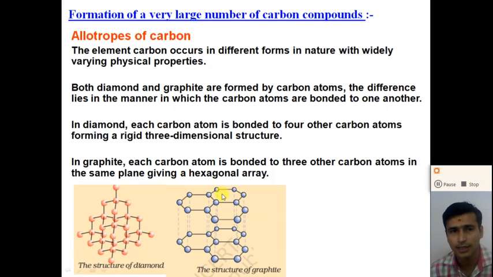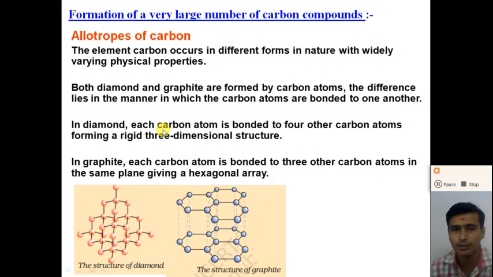Both diamond and graphite are formed by carbon atoms. The difference lies in the manner in which the carbon atoms are bonded to one another, right?